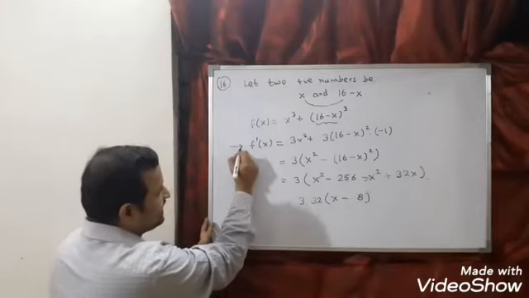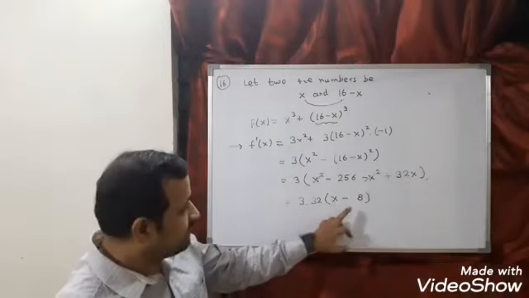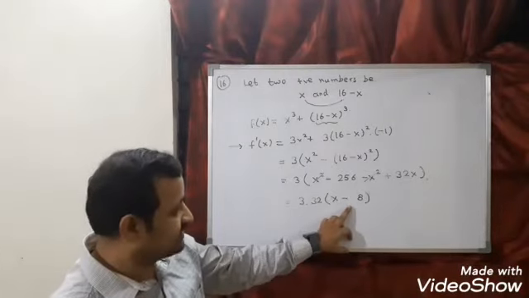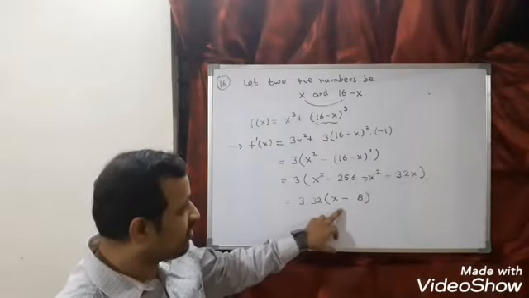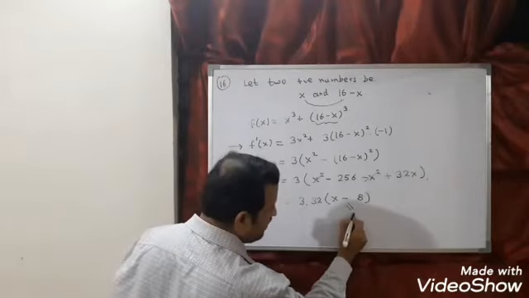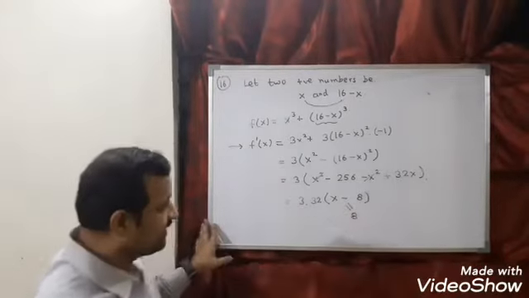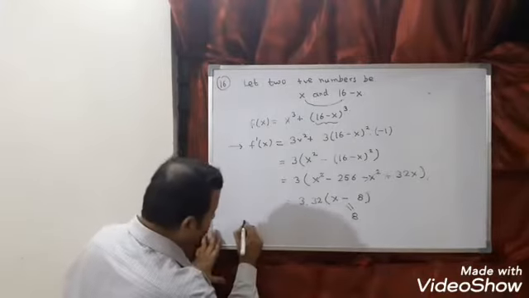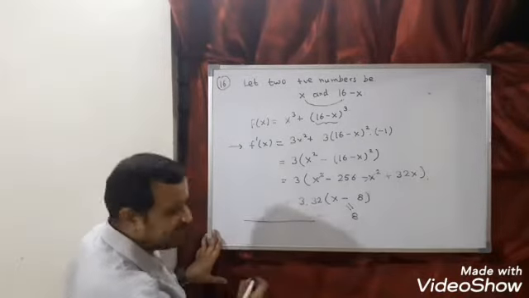So the first step is find f dash x. Second step, break it into linear factors. So this is in linear form. Coefficient of x is positive. Critical point: for what value will this become 0? I can say 8. Next, plot all the critical points on the number line in increasing order.